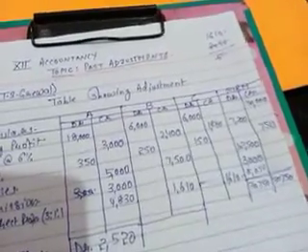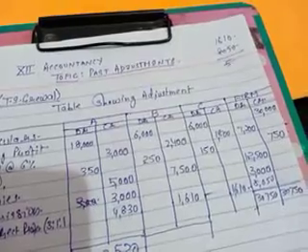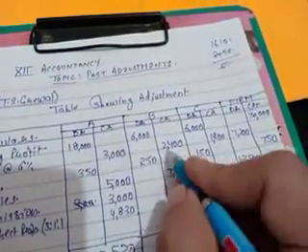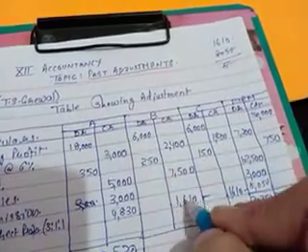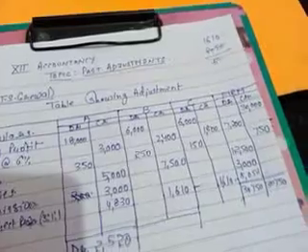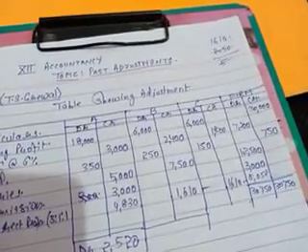Now in case of B, let's see, credit is 729, 10,000, 11,000, 11,510 and debit is 6,250.